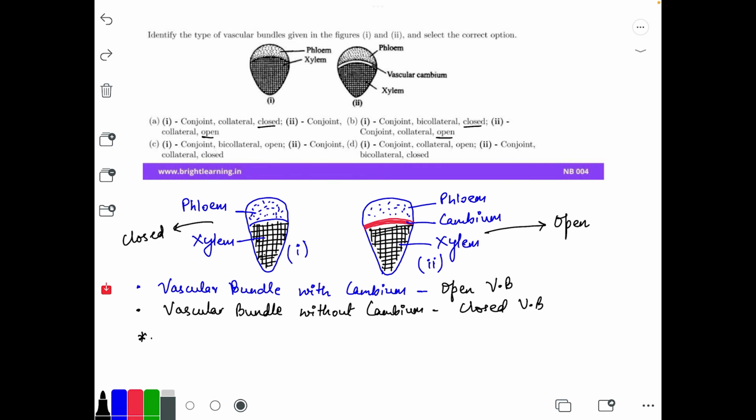So in both the first and second figures, the vascular bundles are conjoint, because the phloem is on the upper side and the xylem on the lower side. So this is closed and conjoint.